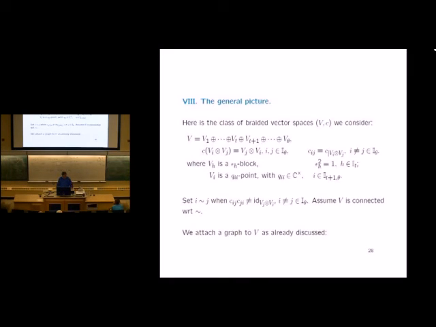And I will assume that this is connected in the sense that I introduce a pre-equivalence relation saying that 2 points are related if Cij, Cji square is not the identity, and I take the generated equivalence relation and I assume that V is connected with respect to this. And I attach a graph as we discussed it.